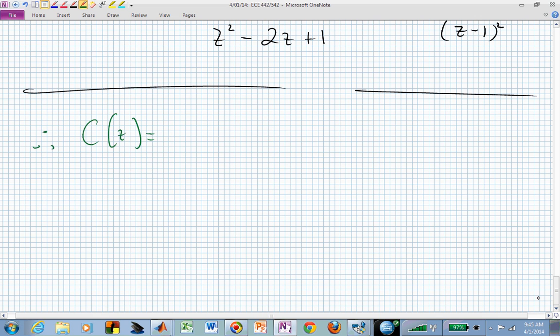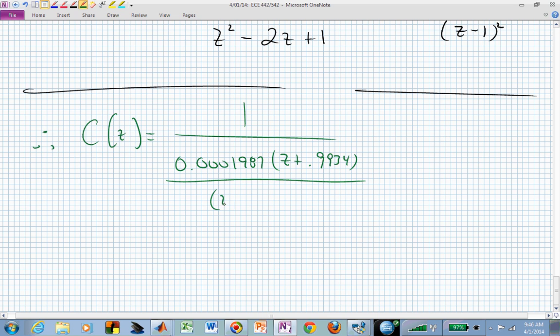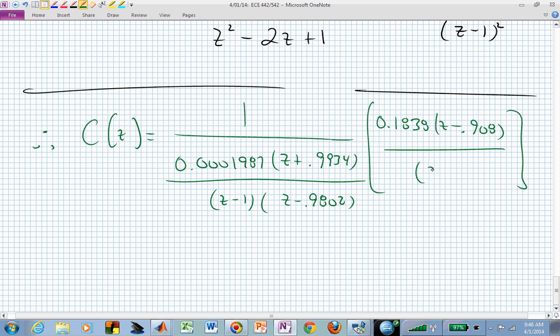C of z is now 1 over the plant, and our plant was this 0.001987 gain, (z plus 0.9934) all over (z minus 1)(z minus 0.9802), all scaled by what we just derived. And now one of those factors of z minus 1 gets canceled.